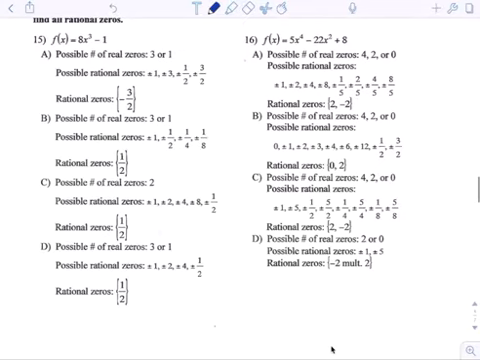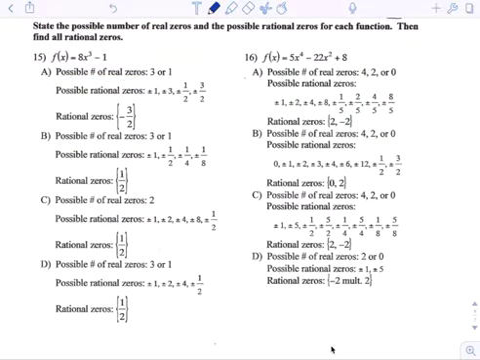Okay, so let's talk about possible number of real zeros first, you guys. In order to find the possible number of real zeros, you basically take the highest power, and then you keep on subtracting 2, and if it gets to negative, then you stop. So for example, I see that this highest degree is 3. So my possible zero count is 3.